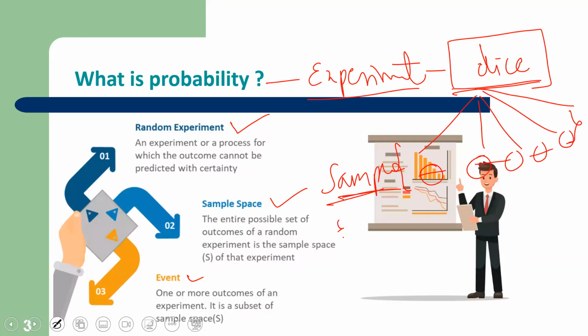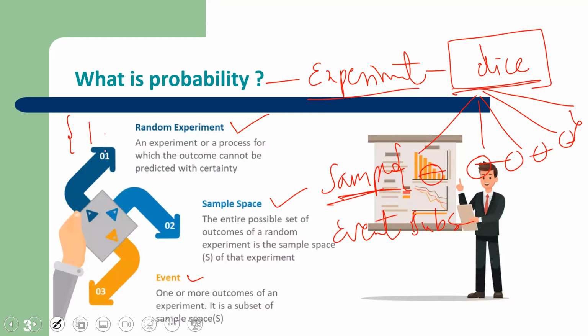Then what is an event? One simple way of putting it is, the event is a subset of the sample space. Now if you take an experiment like throwing a dice, what will be the outcome? There are 6 faces for the dice.